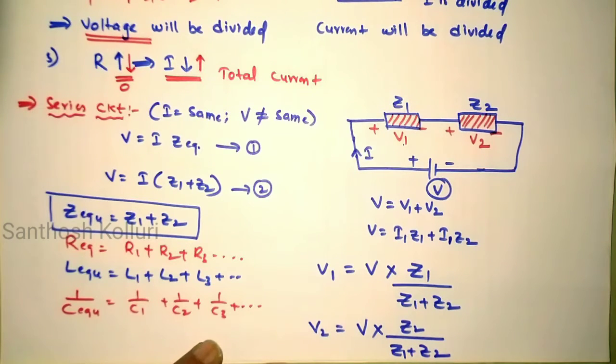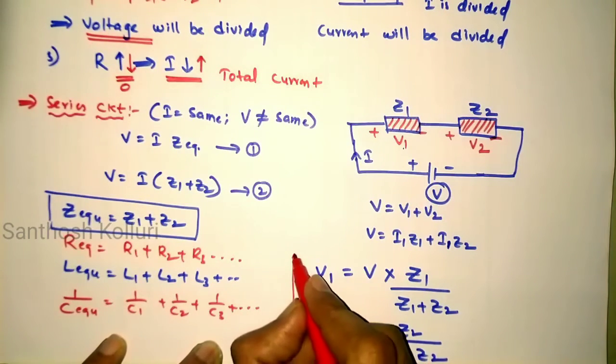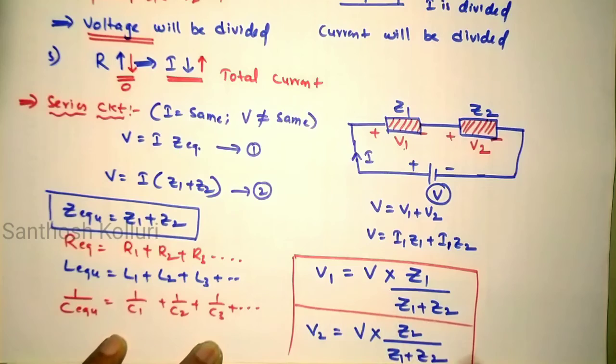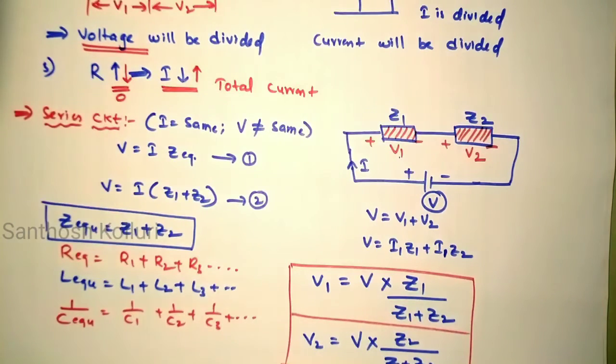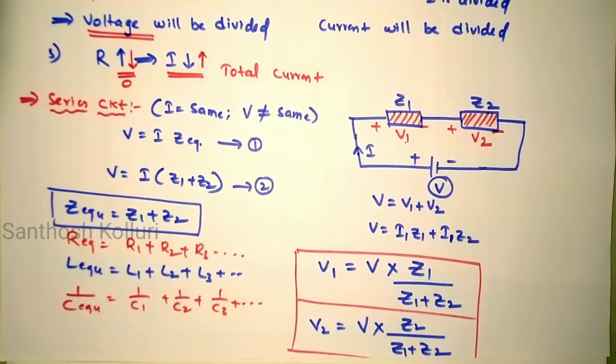These are the voltage division rule formulas for particular elements: the voltage across a particular element is the total applied voltage into that impedance divided by the total impedance.